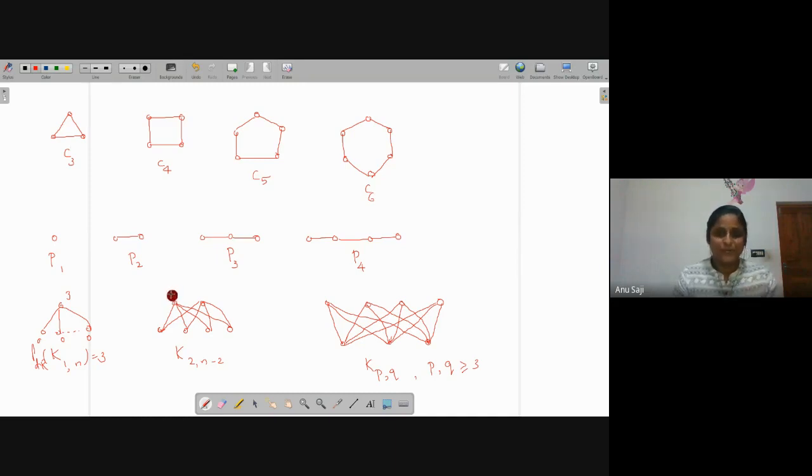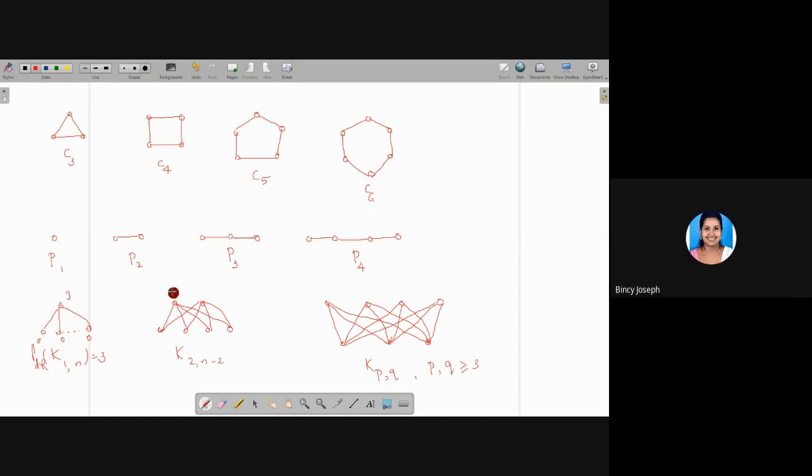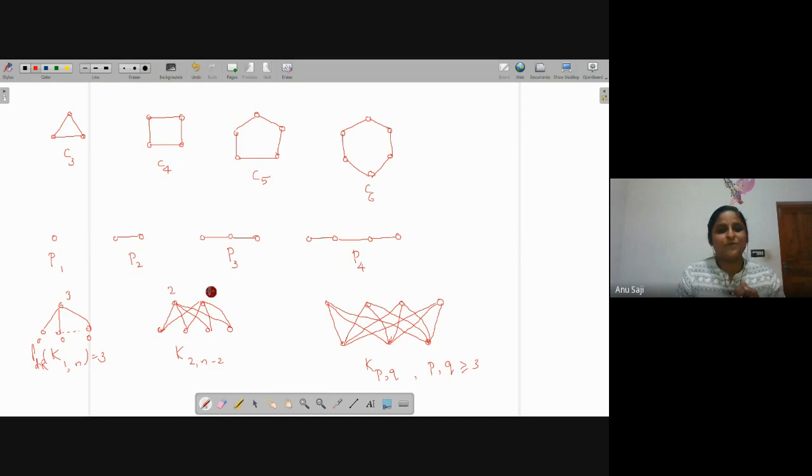A vertex with the value 0 should be adjacent to at least 2 vertices. Yes, we can give 2 to each of these vertices and the rest are 0. So each vertex with the value 0 is adjacent to at least 2 vertices with the value 2. That is, gamma dr of K2n minus 2 is equal to 4.